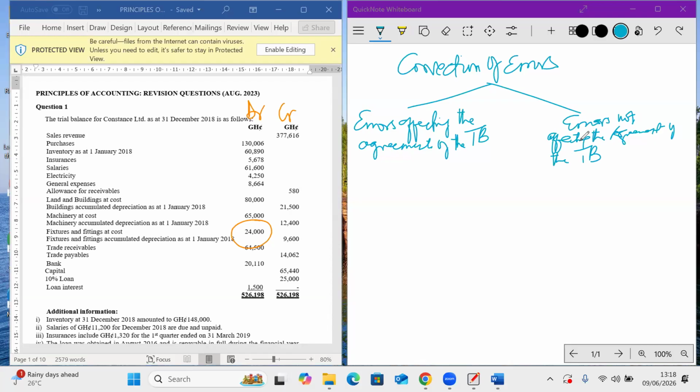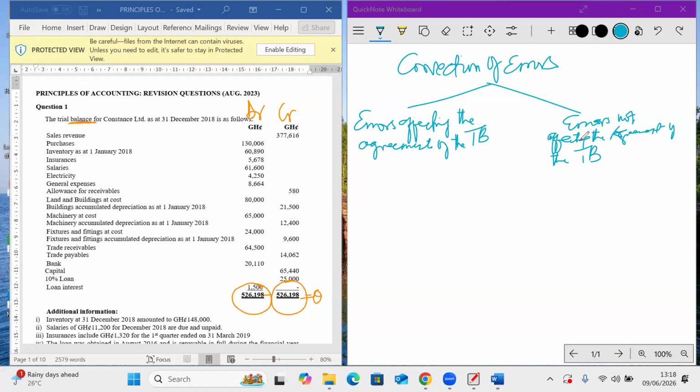So when the error affects the agreement of the trial balance, you see that the total debits and the total credits will not be the same. One will be higher than the other. But in accounting, we learned that the name is called trial balance. They should balance. In other words, when I say 5698 minus 5698, you should give me 0.